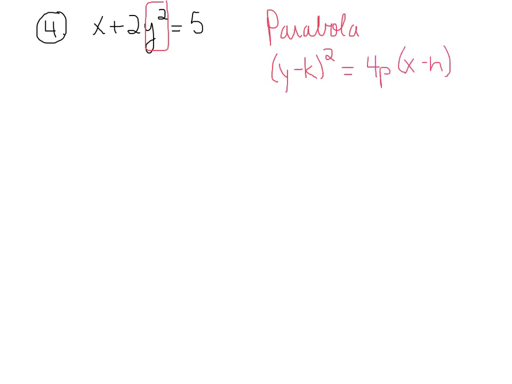So again, we need to get the squared term by itself. So we're going to subtract x over to the other side. So we'll have 2y squared equals negative x plus 5. Okay, but that x cannot be negative, so we need to divide out the negative.